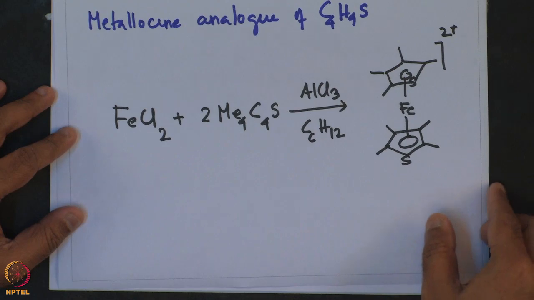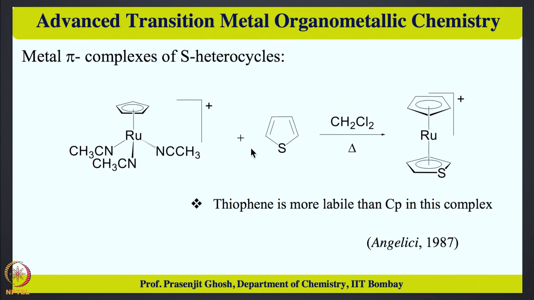Similarly, mixed thiophene cyclopentadienyl ligand can also be obtained from a ruthenium complex.